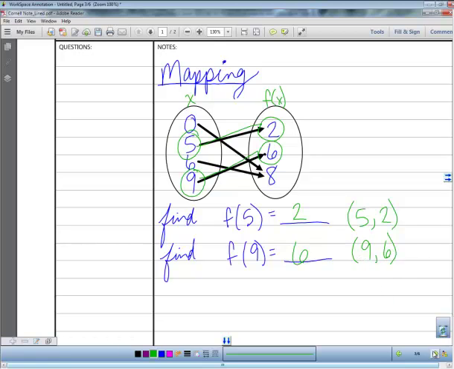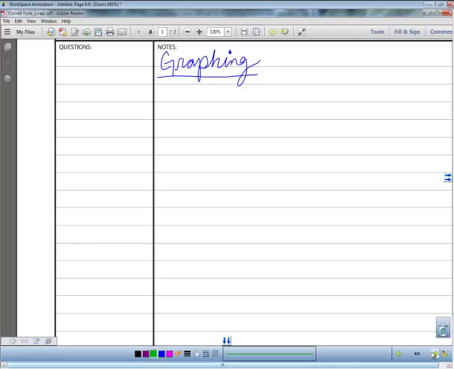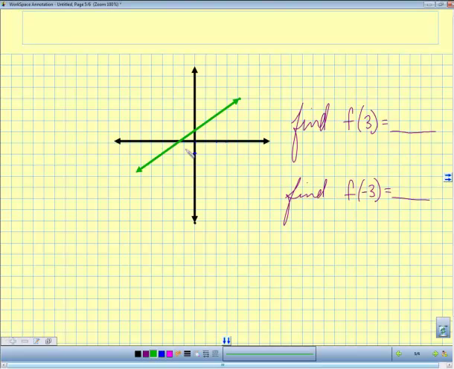Another way that you can see this written is in graphing. So we've got our graph here, and I'm being asked to find f of 3. Well, if I'm finding f of 3, whatever number is inside my parentheses, my function value, is going to be my x. So I'm looking at my x-axis.